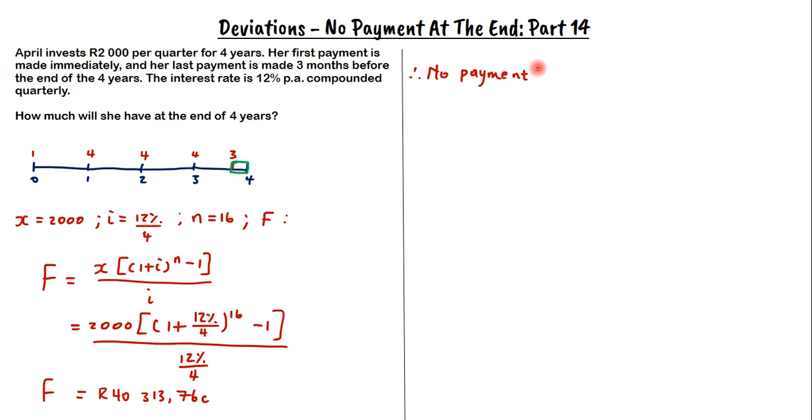Because no payment happened, it means the money grew using compound interest. Now we know the formula for compound interest: A equals P into (1 plus i) to the power of n. P here is basically our future value, and n is the number of quarters that are left. So in this case, the interest is going to be charged only once.